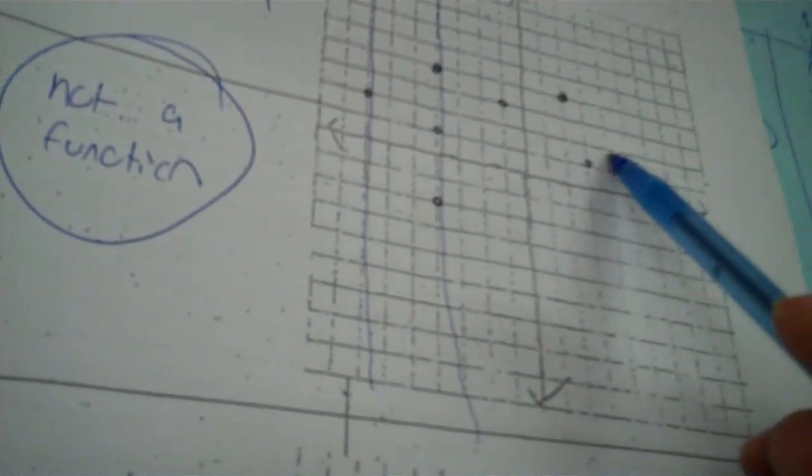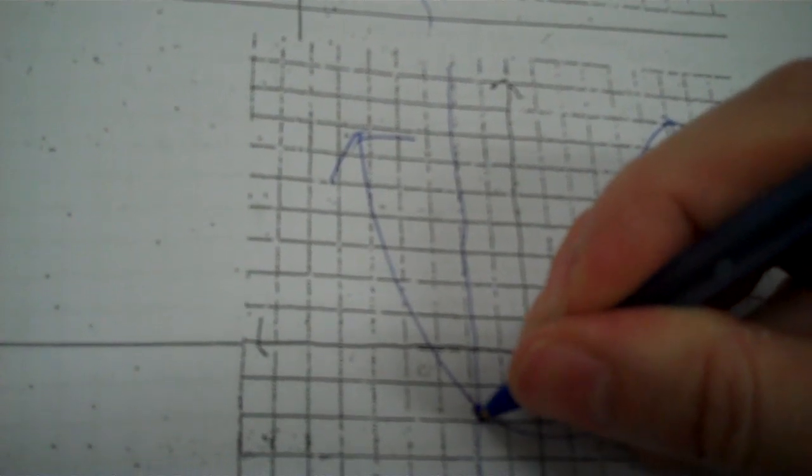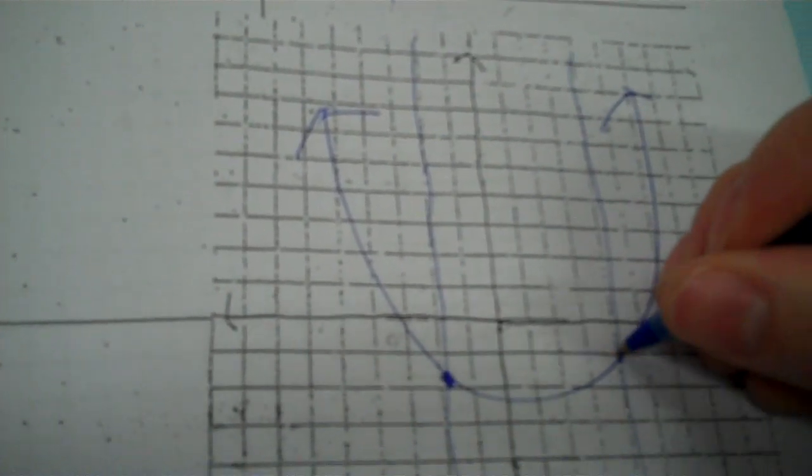Okay, now this whole thing, you don't have a discrete set of points like you do here. You have a continuous set of points. So just make a vertical line and just make a couple of them. Right there, you just cross it one time. Right here, you cross it one time. So both of them cross at just one point, so that's a function.